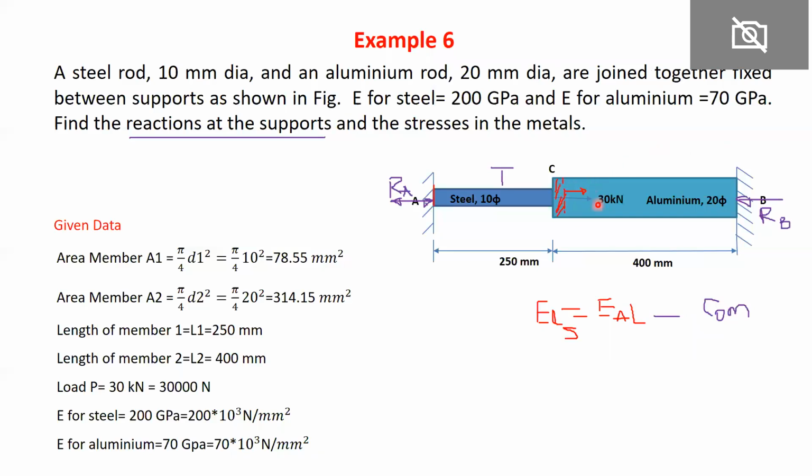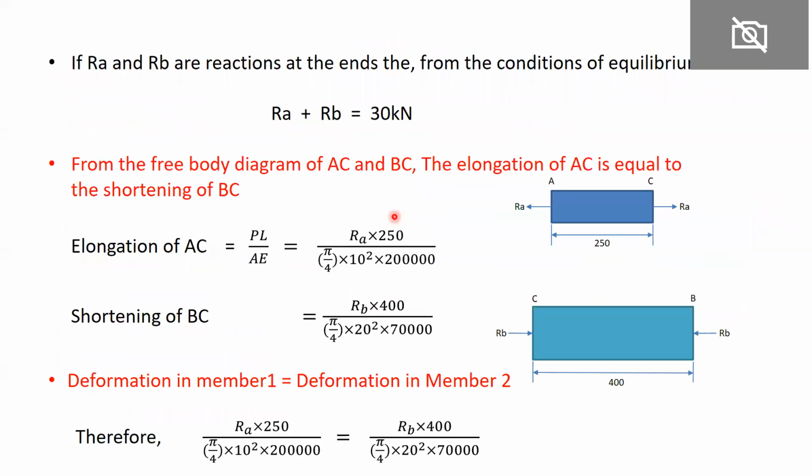Therefore, the sum of the reactions is equal to the force acting on the member. In engineering mechanics you might have performed n number of such calculations. So first, the equilibrium equation: RA plus RB is equal to 30 kilonewton. I will call this equation 1, which we got from the equilibrium equation.